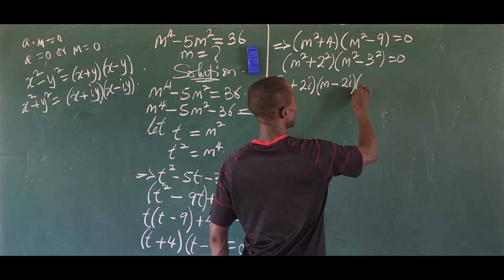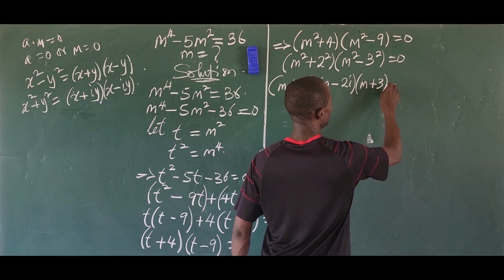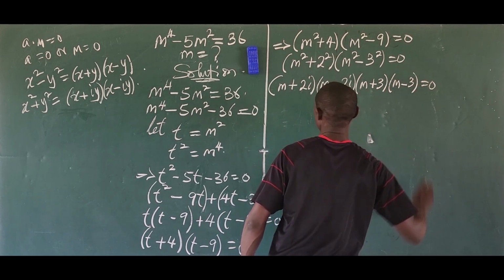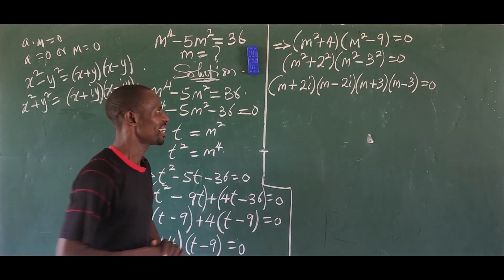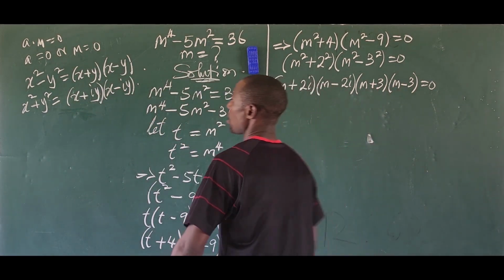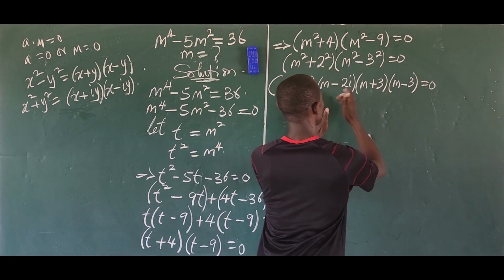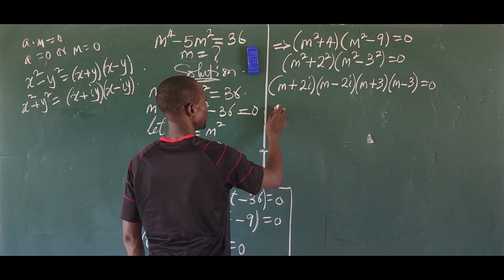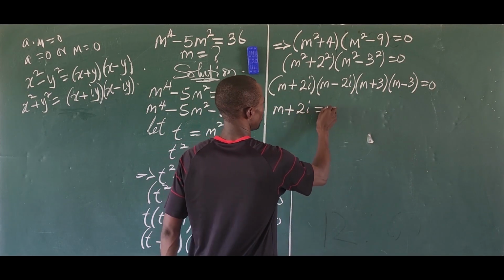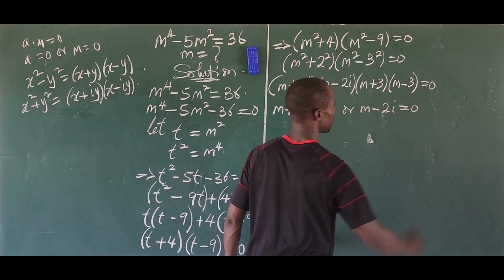Then we come to this side, this is going to give us m plus 3, then bracket, m minus 3 equal to 0. Okay, so we have our 4 roots playing out here now. 1, 2, 3, 4. Now, look at this law here. We're going to apply this law. Equate this to 0, equate this to 0, equate this to 0. So it means that the first one we're going to have m plus 2 iota is equal to 0, or m minus 2 iota is equal to 0.